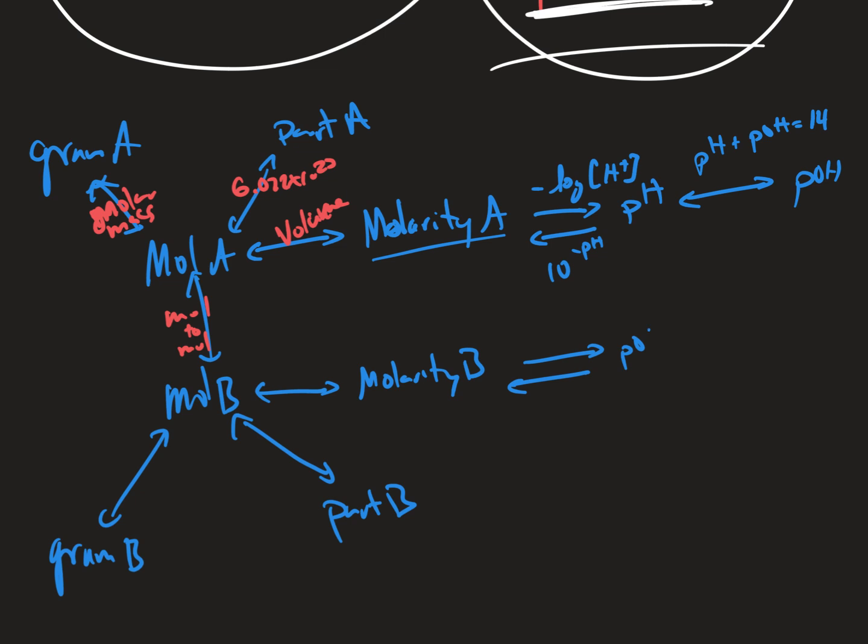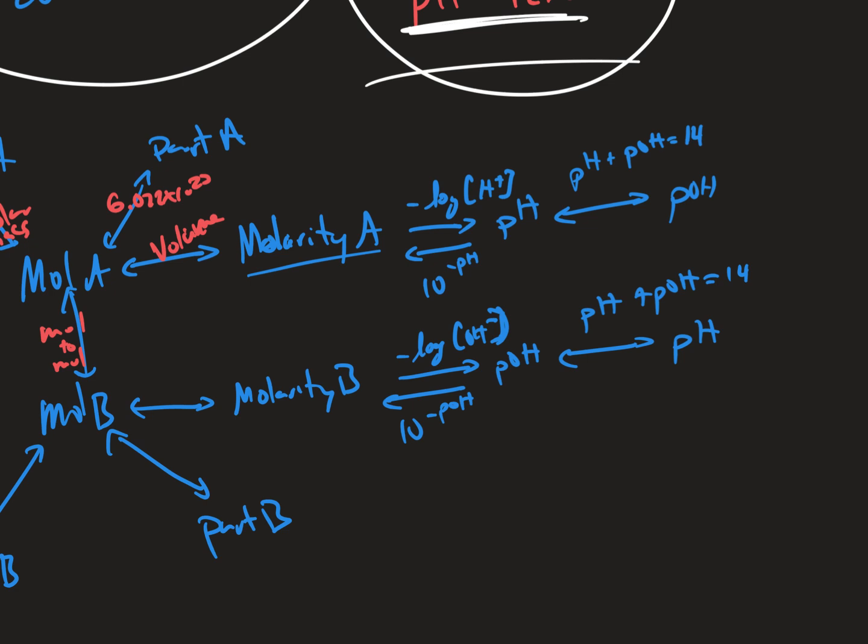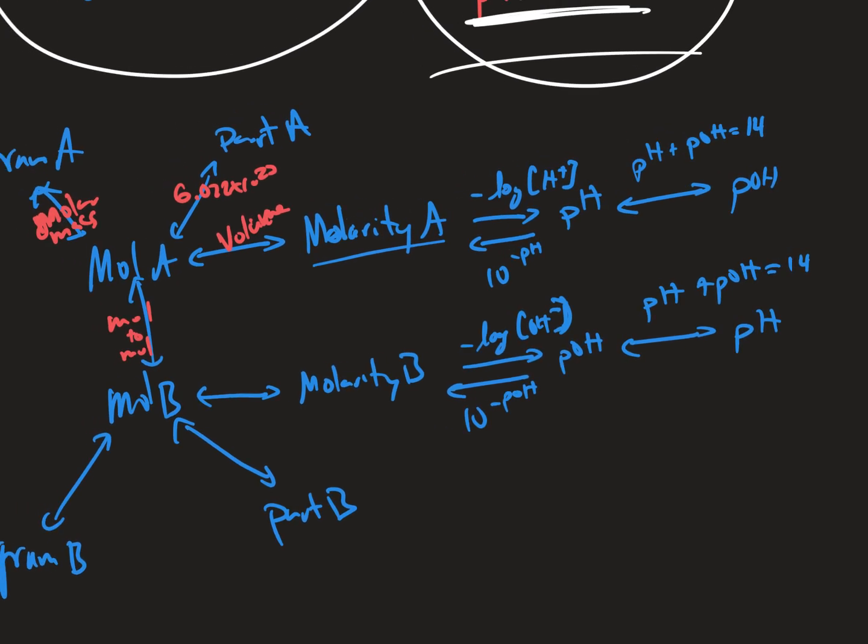And to find the pOH, it's negative log of our OH concentration, or 10 to the negative pOH to find our molarity of our base. And to find the pH, it's just pH plus pOH equals 14. And so this is kind of like a whole map to find everything we need.